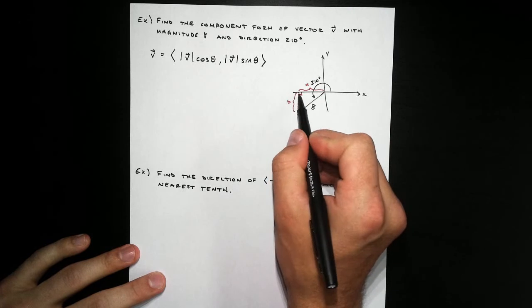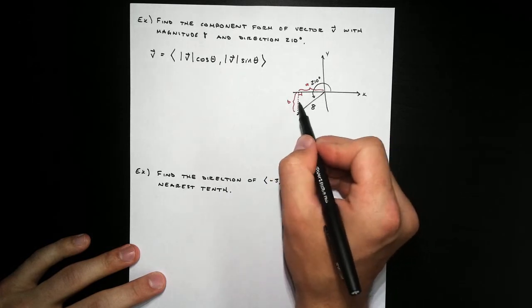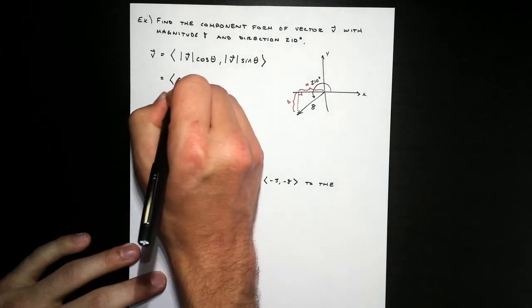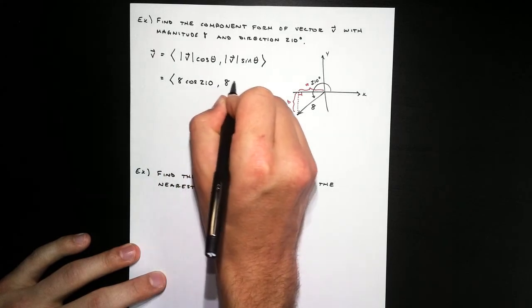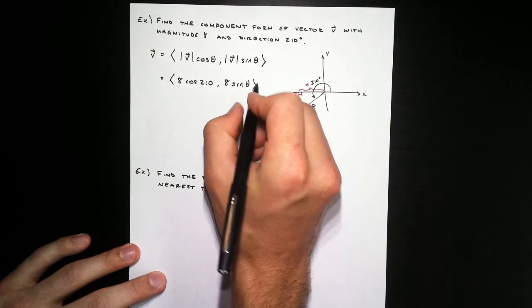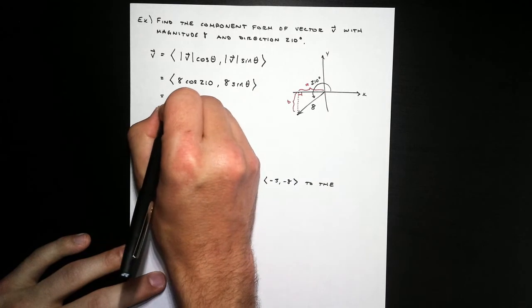So b, this is the opposite side over hypotenuse, and again you'd multiply by 8 to get that length. So let's see, we have 8 times the cosine of 210 and 8 times the sine of 210. Helps if I write that in there.